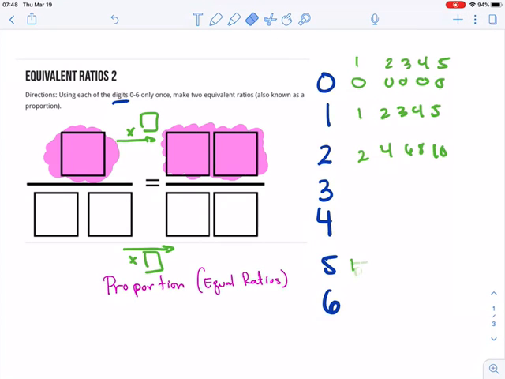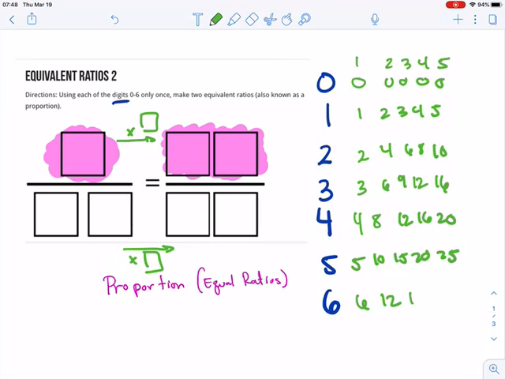And then, so 3, 6, 9, 12, 16, and then this one is 4, 8, 12, 16, 20, 5, 10, 15, 20, 25, 6, 12, 18, 6 times 4 is 24, and then 30.